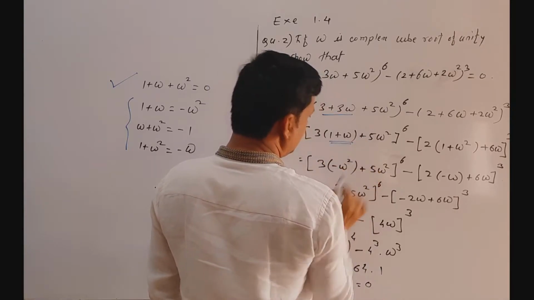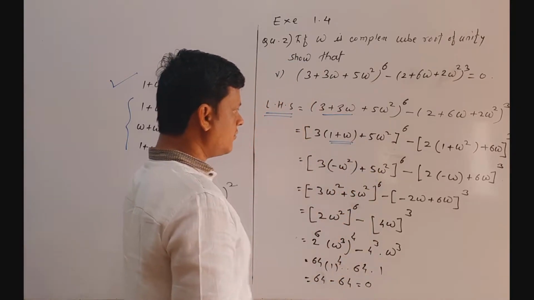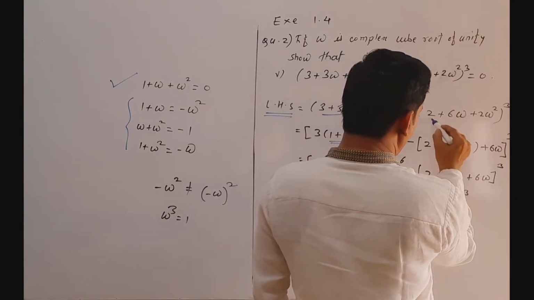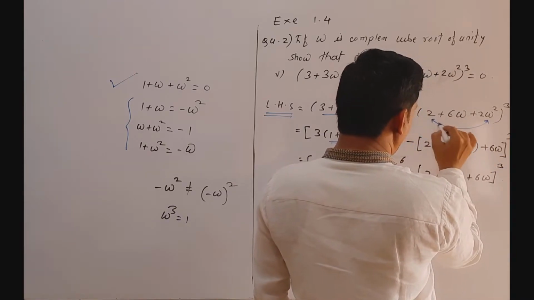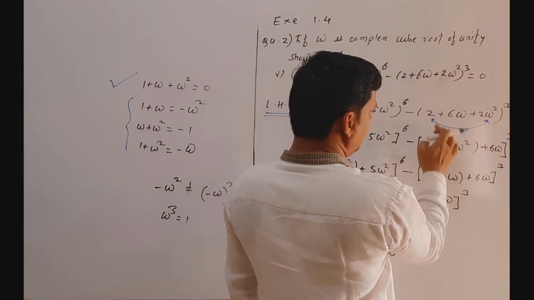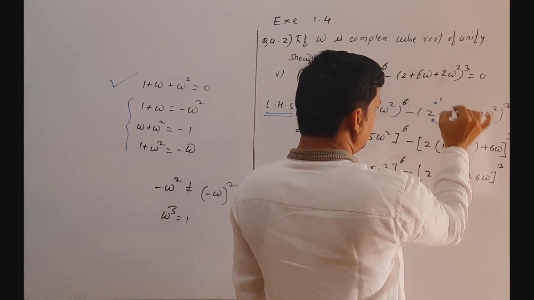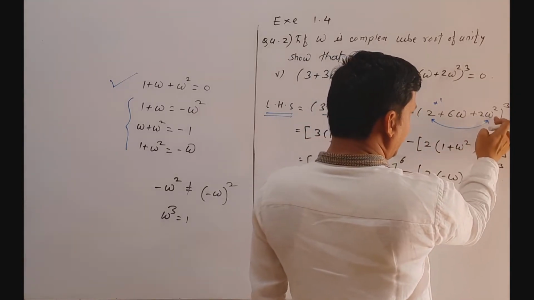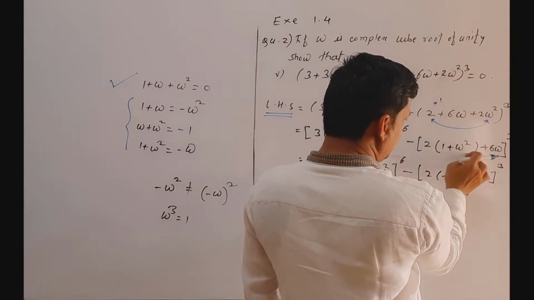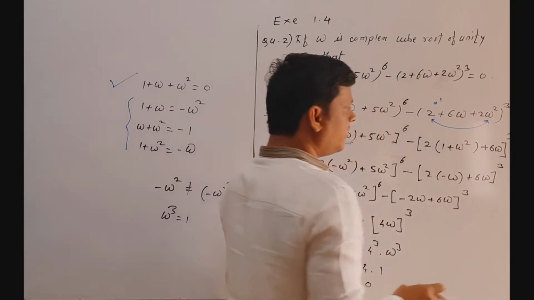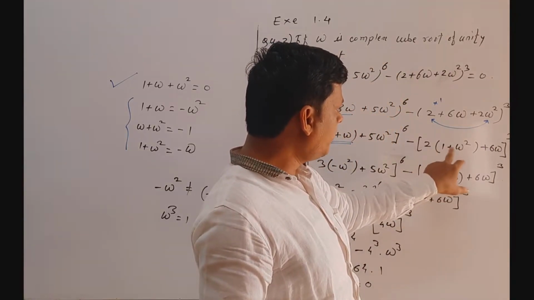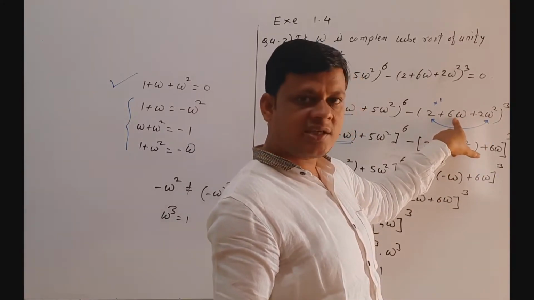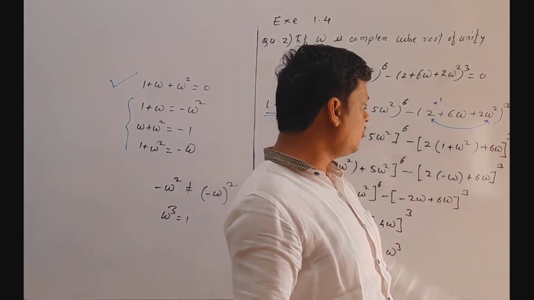We can replace this 1 + ω by −ω². Then we take 2 common from the first and third term, so we write 2(1 + ω²) for the first and last term, and we keep the 6ω as it is, the bracket cube as it is.